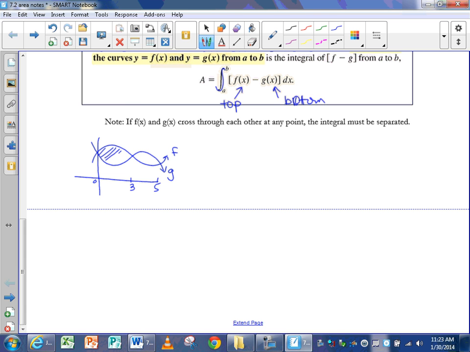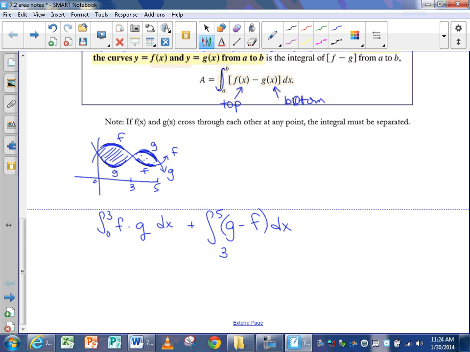On this region right here, f is on top and g is on the bottom. So this would be the integral from 0 to 3 of f minus g. But on this region over here, g is on top and f is on the bottom. So for that one, I'd need to do the integral of g minus f from 3 to 5.